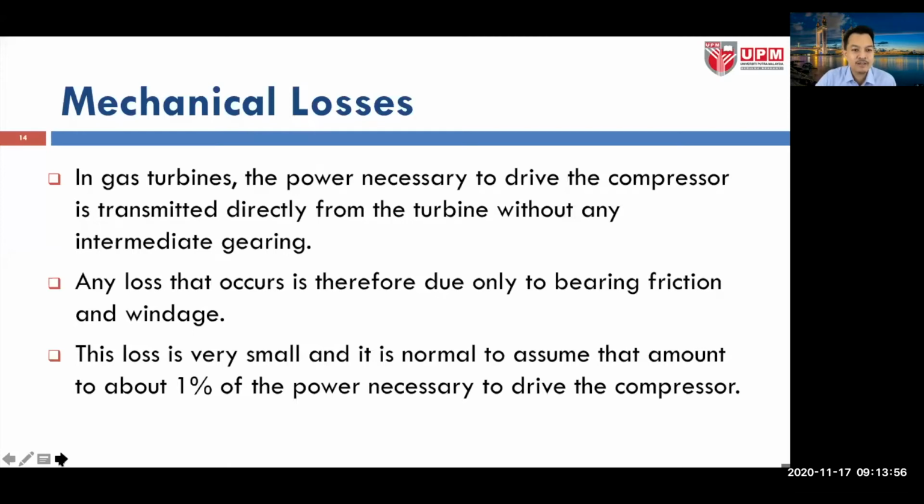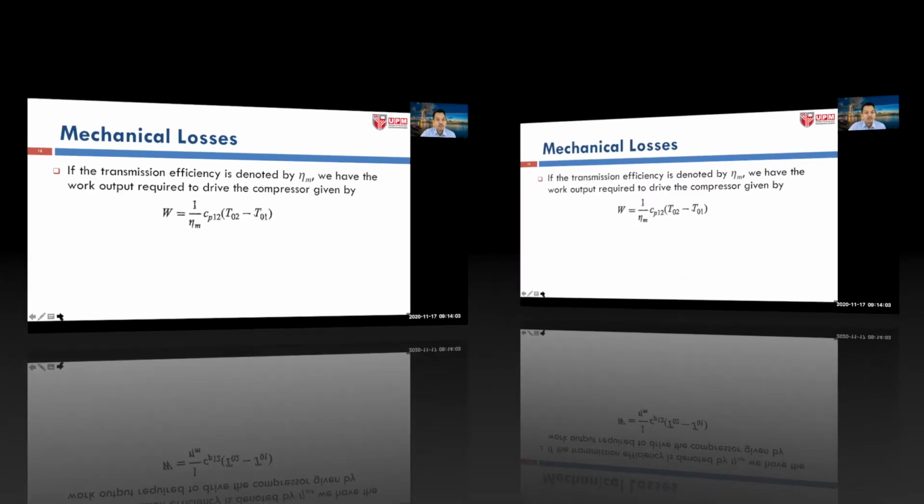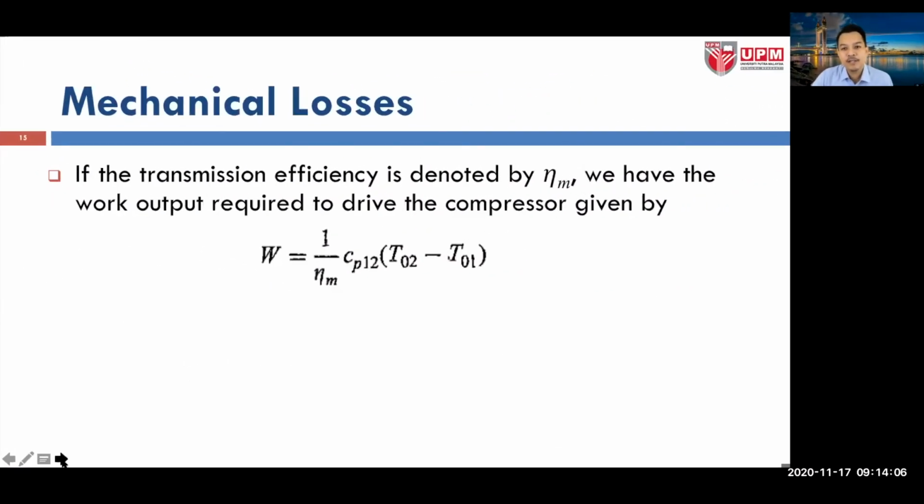So it is not that significant, but it needs to be considered if you want to increase the performance of the gas turbine engine. If the transmission efficiency is denoted by zeta m, where m stands for mechanical, we have the work output required to drive the compressor given by this expression.